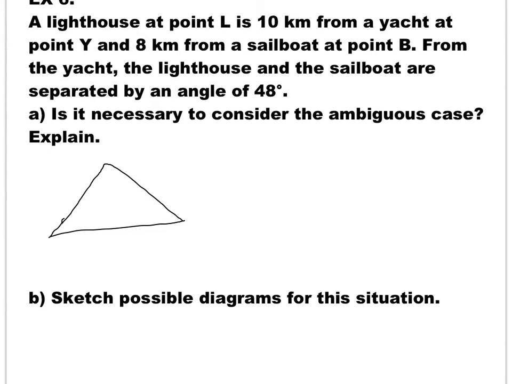We have a lighthouse at point L, which is 10 kilometers from the yacht at point Y. So this is 10 kilometers, and 8 kilometers from a sailboat at point B. So let's call this one B. But we also know that from the yacht, which is Y, the lighthouse and the sailboat are separated by an angle of 48. So this is 48 degrees.